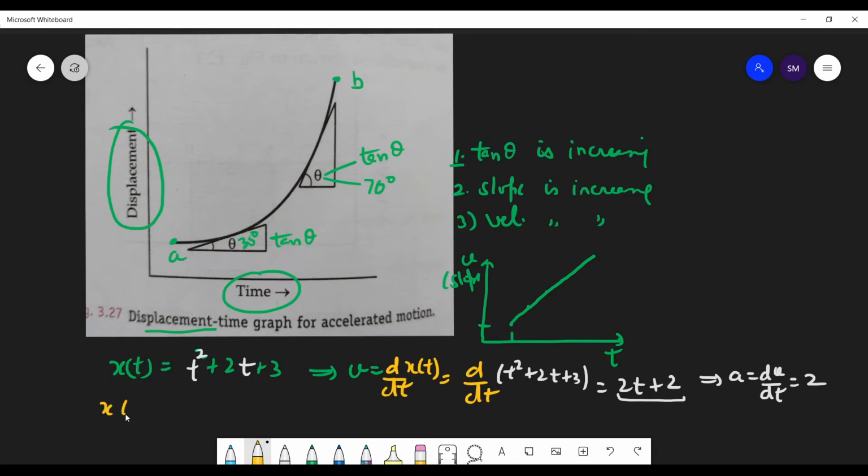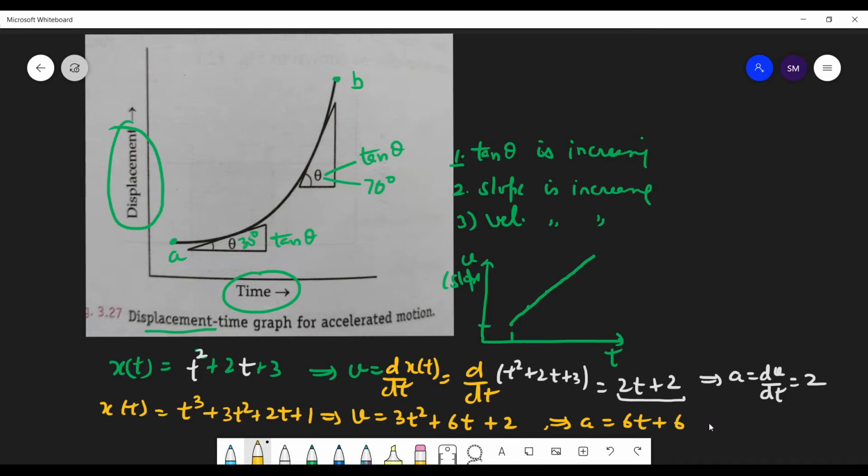Now let me take another situation: t cube plus 3t square plus 2t plus 1. What is v in this case? 3t square plus 6t plus 2. Differentiating it, what is a in this case? 6t plus 6.